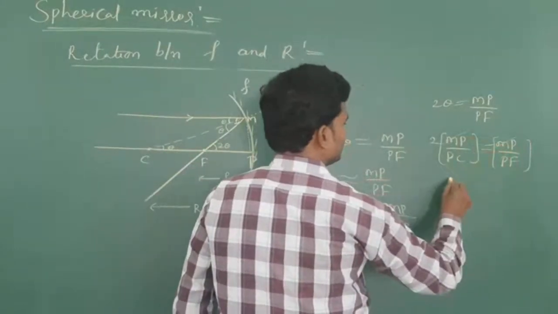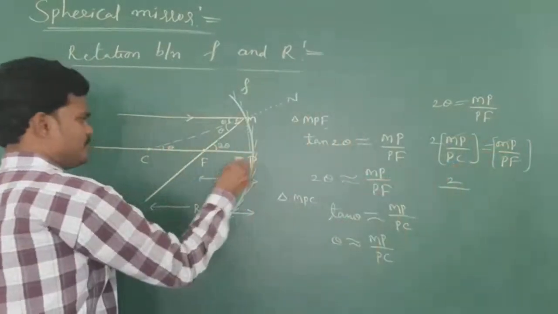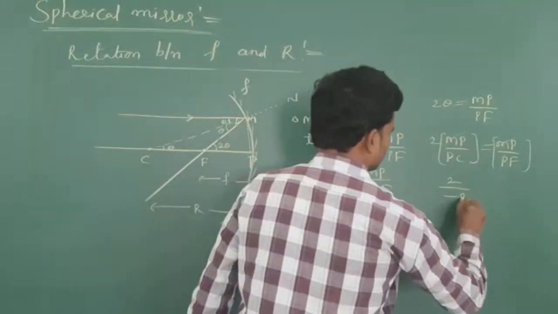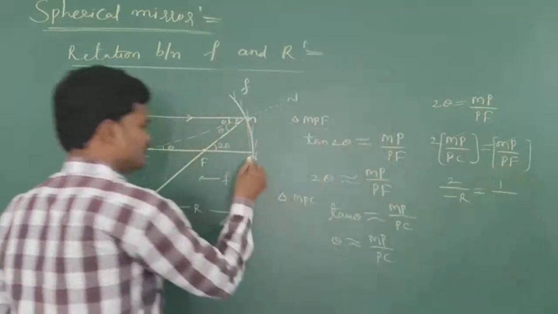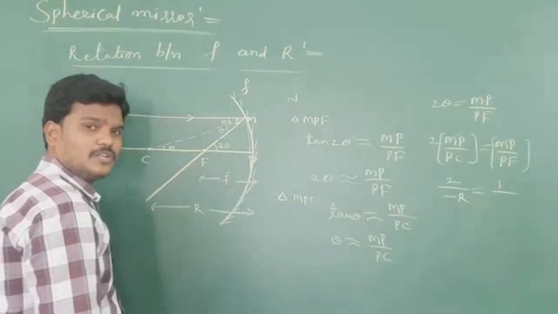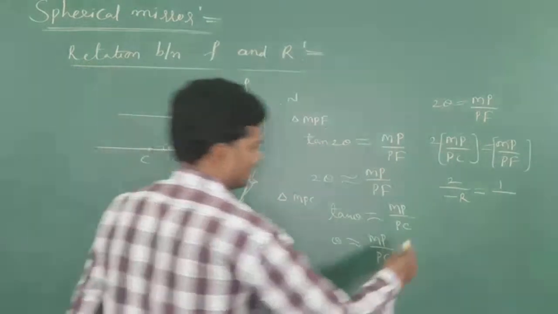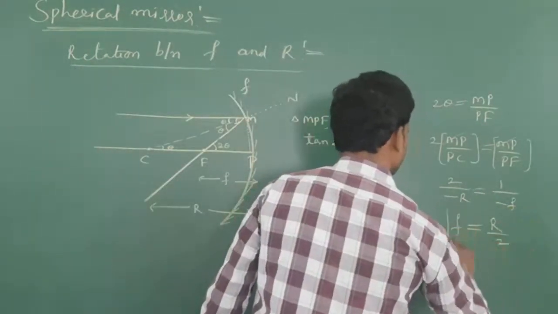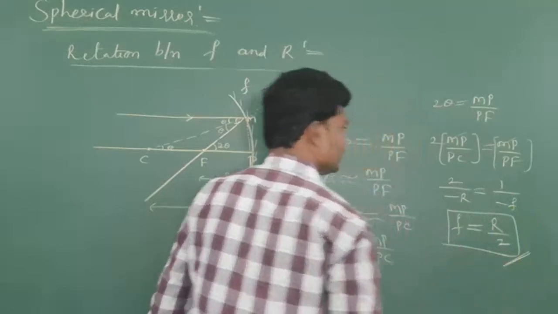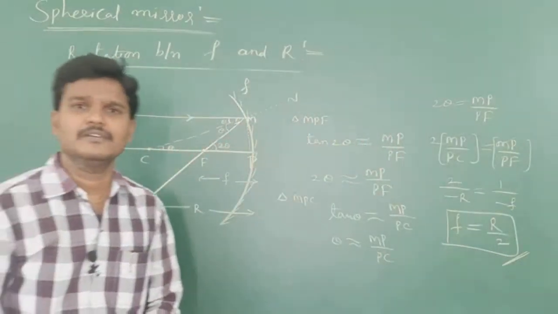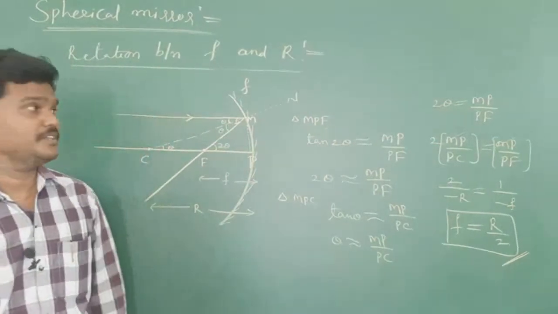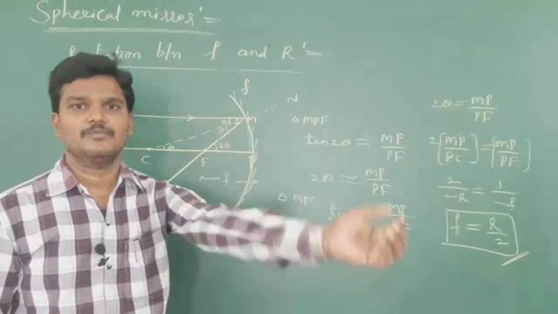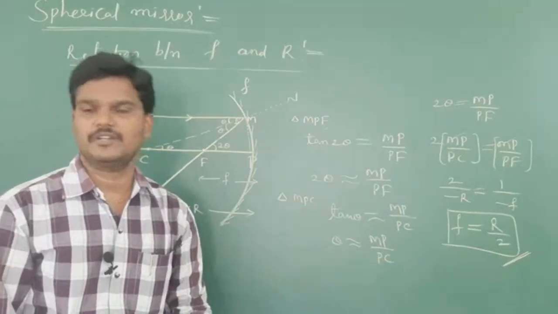So MP, use sign convention: PC is minus R because I am using a concave mirror, and PF is minus f, for a concave mirror focal length is negative. So finally f is equal to R by 2. So this is the relation between focal length and radius of curvature of a mirror. It is applicable for a concave mirror, and of course it is applicable for a convex mirror also.